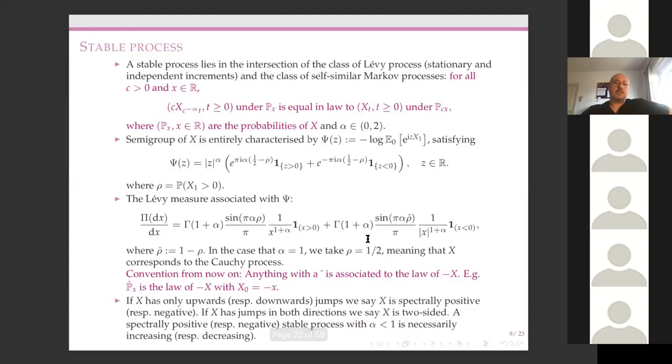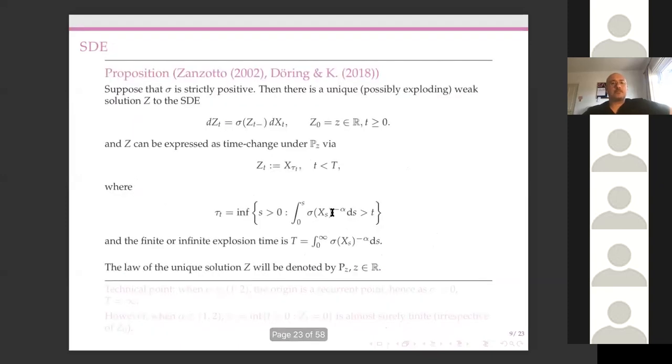Okay, so I don't want to dwell too much on that, but for those of you who are familiar with stable processes, I mean the full class of stable processes. But I'm actually mostly going to focus in this talk on the setting that rho is between 0 and 1, so I get a contribution in both positive and negative jumps.